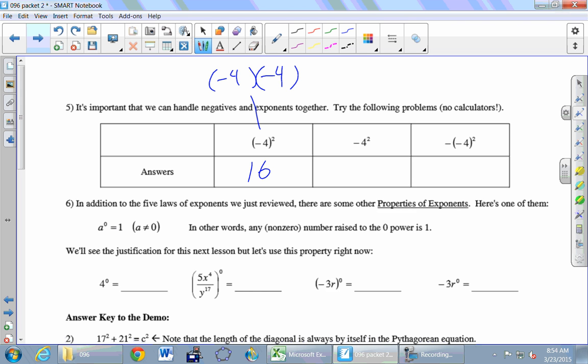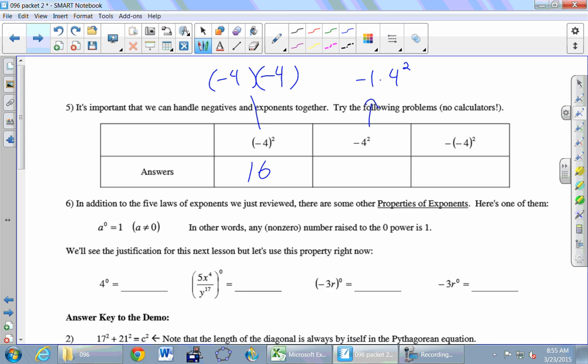But looking at the middle one, a lot of people are going to read that the same exact way. They're going to say, oh, it means -4 times -4. But think about the order of operations. You guys remember PEMDAS? There's no parentheses, but I do see an exponent. And that negative is really like -1 times whatever. You guys agree?